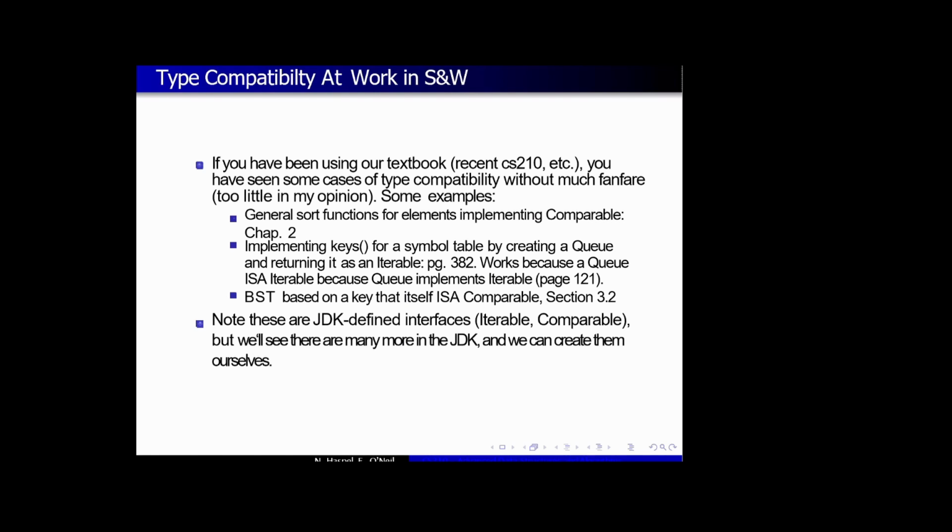So they're worth study, so we're going to do that. But these two interfaces we're talking about, Iterable and Comparable, are from the JDK. So the authors took the interfaces, but then rewrote all the concrete classes. And we'll see other interfaces in the JDK. Any questions on that?